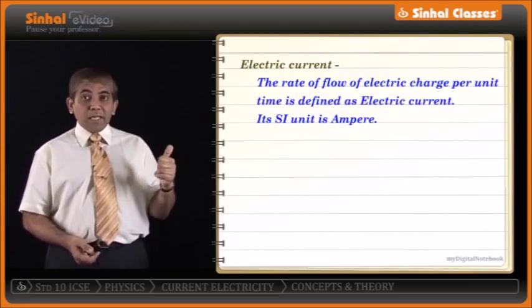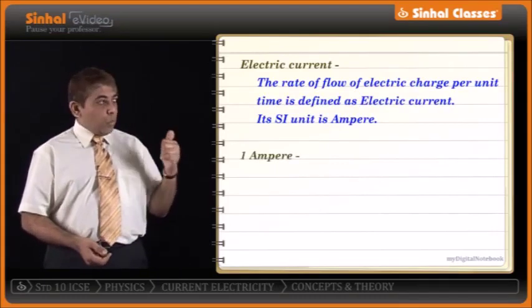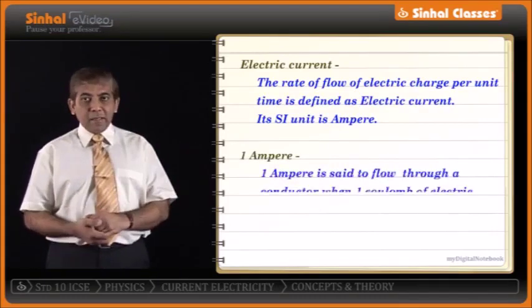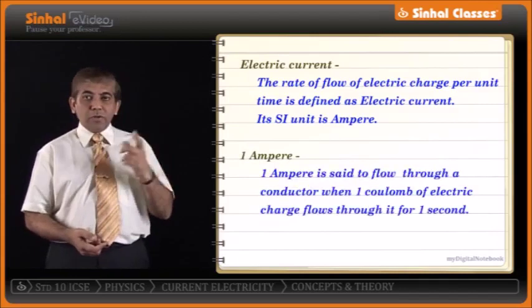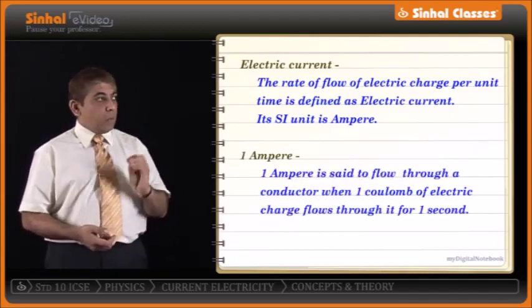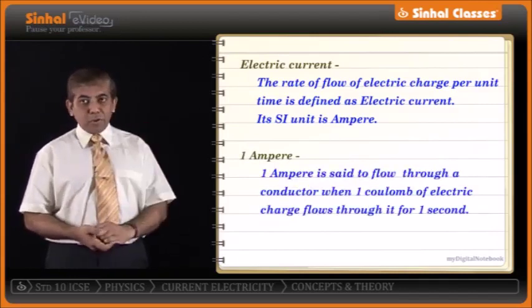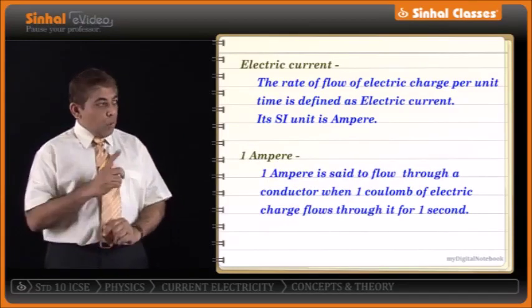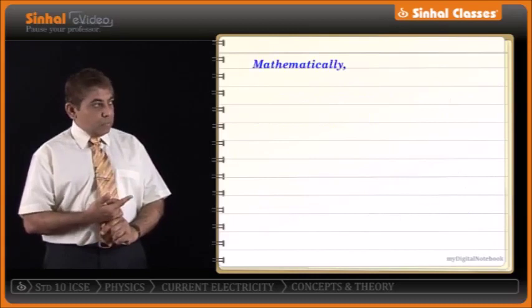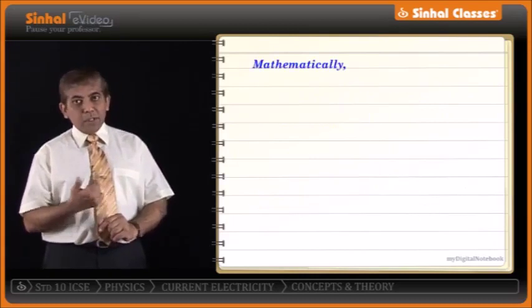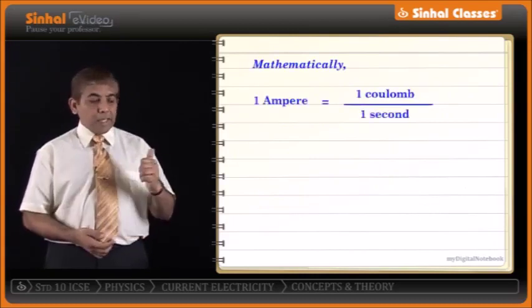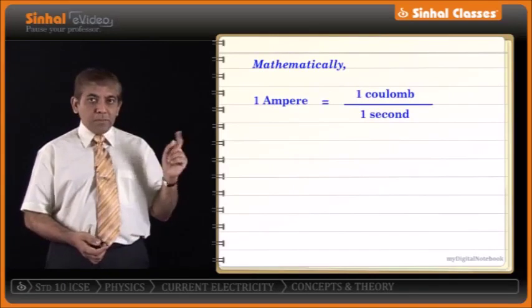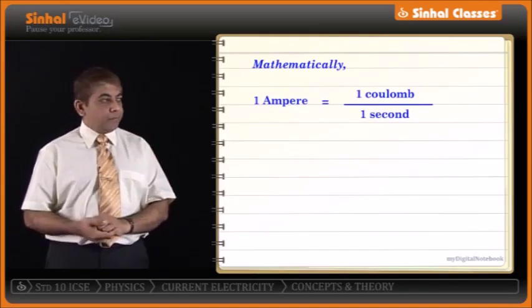So I define 1 ampere current as that current which flows through a uniform cross section of a conductor when 1 coulomb charge flows through it for 1 second. Mathematically, 1 ampere is equal to 1 coulomb upon 1 second.